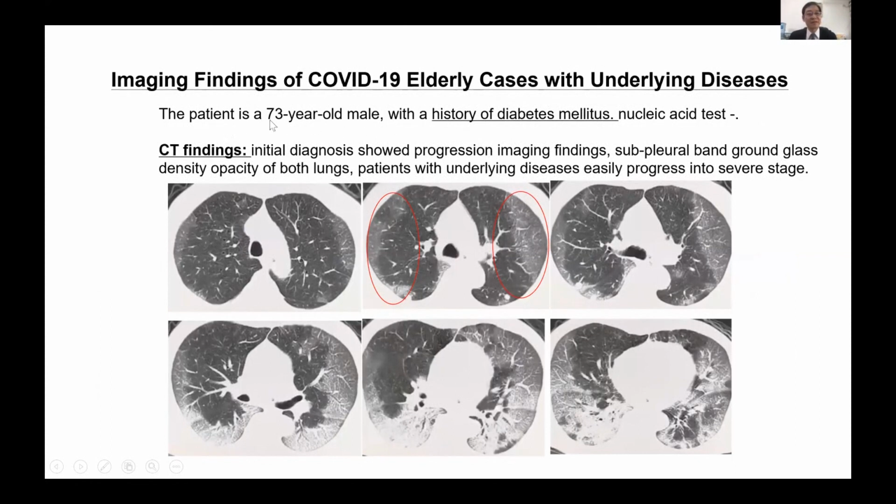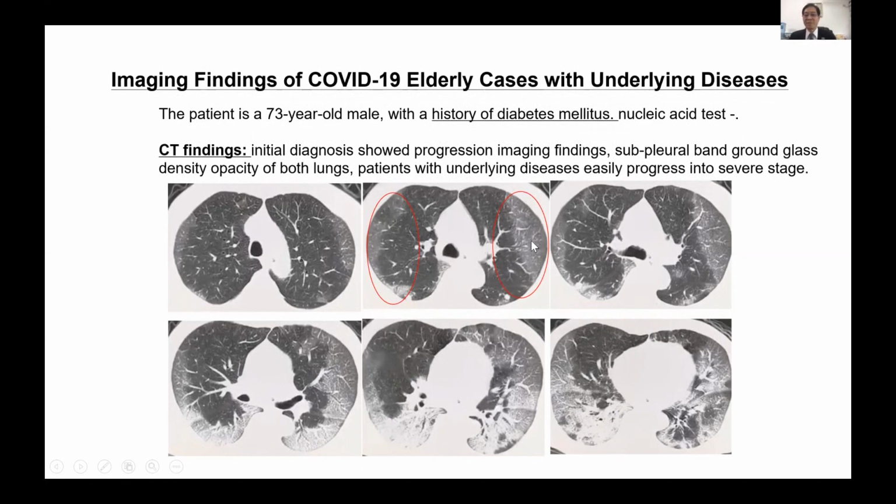This patient is 73 years old, male. History: diabetes mellitus. Nucleic acid test positive. CT manifestation shows initial diagnosis with progressing image findings.